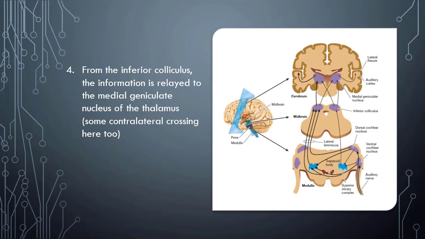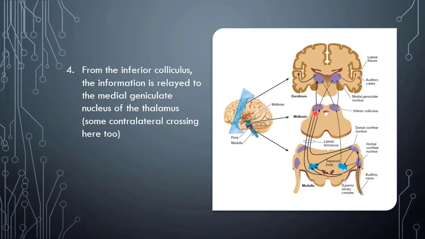The signals from the inferior colliculus are then relayed to a part of the thalamus called the medial geniculate nucleus. And some of these signals cross to the contralateral side. We're going to talk about a few different reasons why signals are needed on each side of the brain and some of the things that they do.